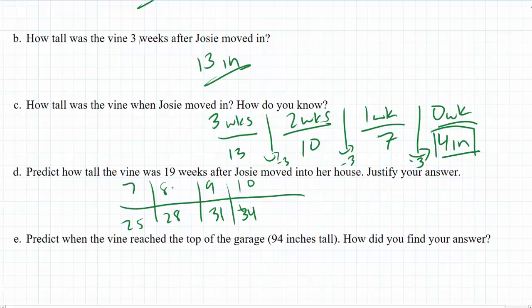Now, some of you guys are going to be tempted to double the 34 and then maybe subtract 3. So double it to get the 20th week. 10 times 2 would be 20, and 34 times 2 would be 68. And you guys would subtract 3 inches to find the 19th week. However, if we notice that at the 0th week is 4 inches, it's not a proportional relationship, so we won't be able to do that.